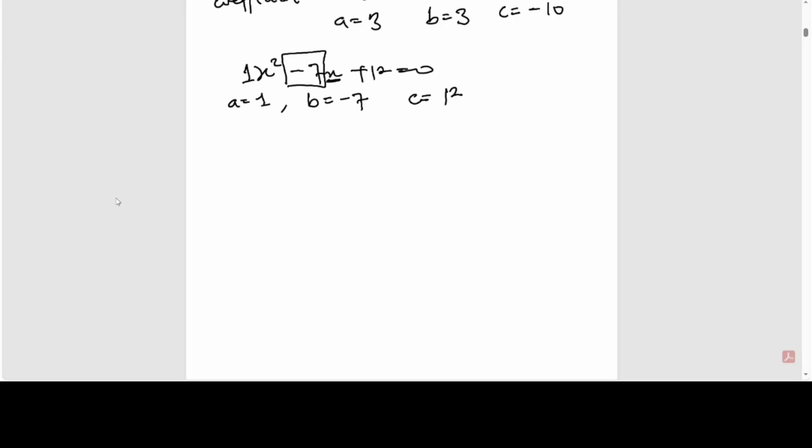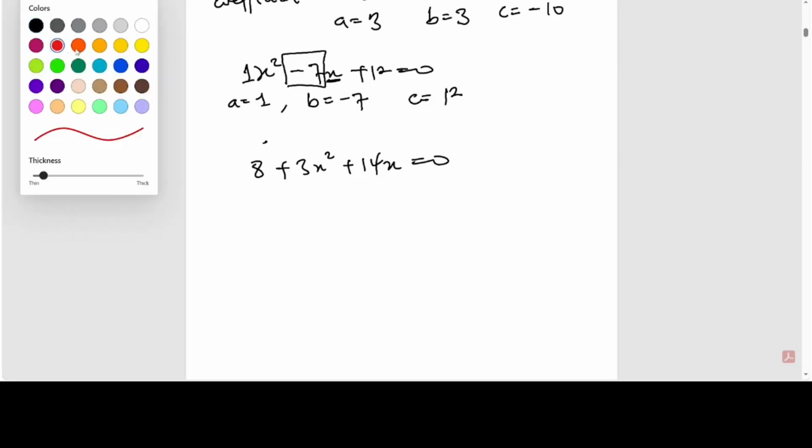Now let's add one more example or two. 8 plus 3x squared plus 14x equal to 0. Over here, we want to identify our a, b, and c. We are trying to compare this to ax squared plus bx plus c.